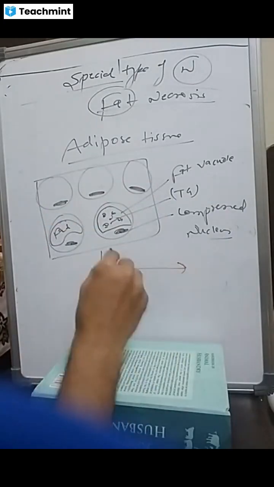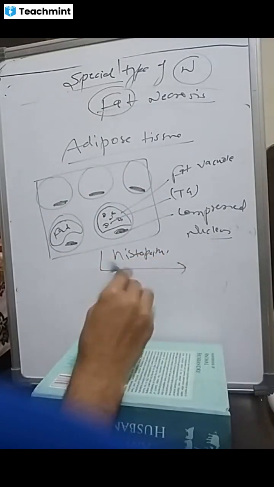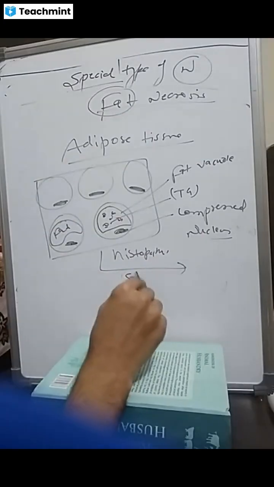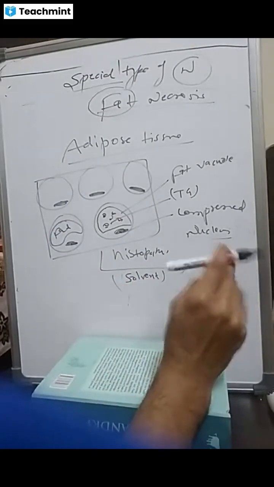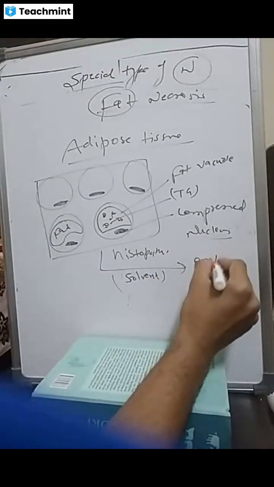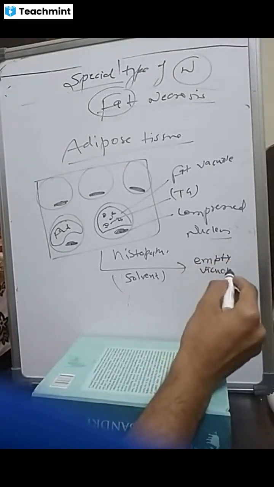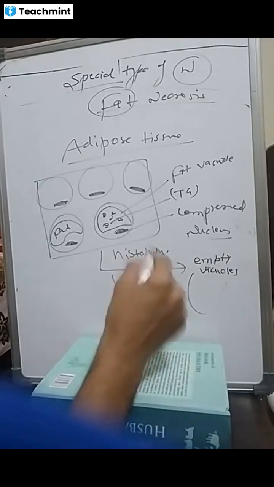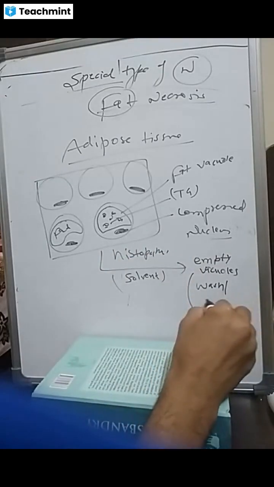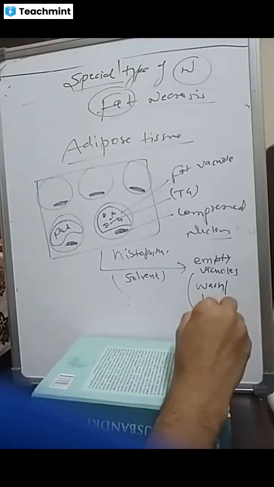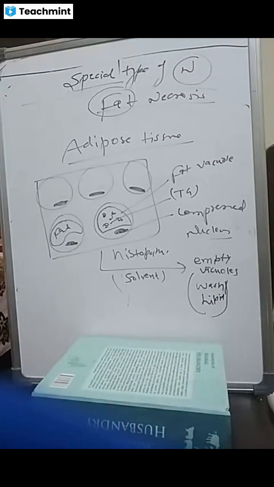So on histopathology, if you put in solvent, then you will find empty vacuoles, because the histopathology chemicals wash or dissolve the lipid.